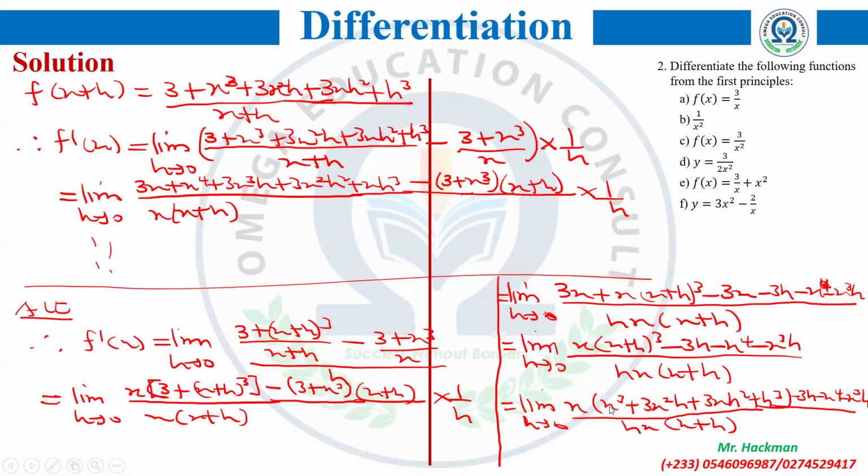Do I have any x to the power 4 term here? Forgive me, x to the power 4, because with this times this, x to the power 4. You can see that you get minus x to the power 4. That will cancel that. Is that clear?